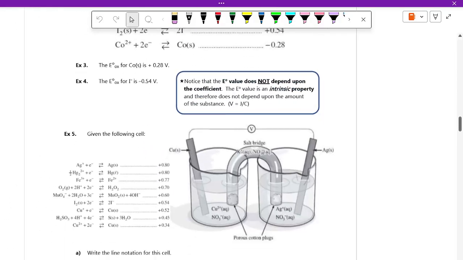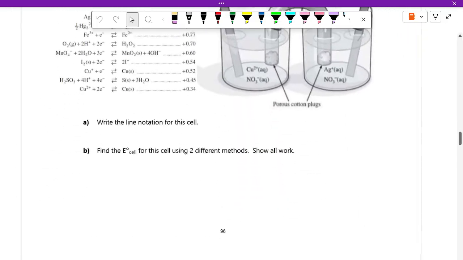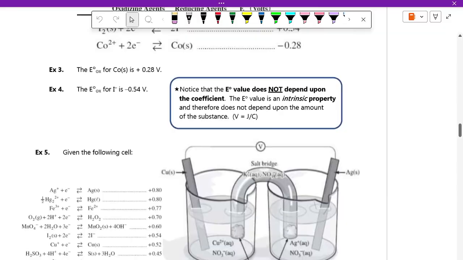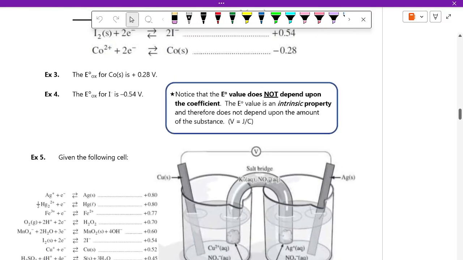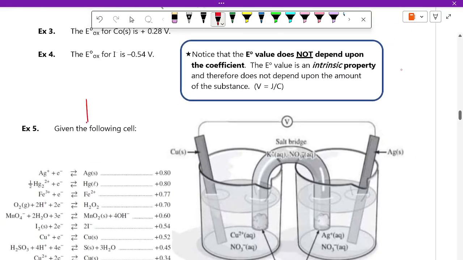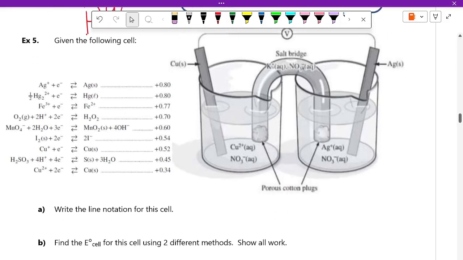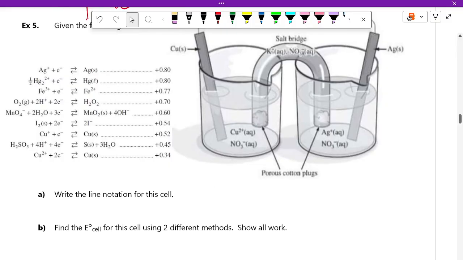All right. Let's see. Given the following cell, so this is now on page 96, what I would like you to do is write the line notation for this cell and find the E naught of the cell using the two different methods.